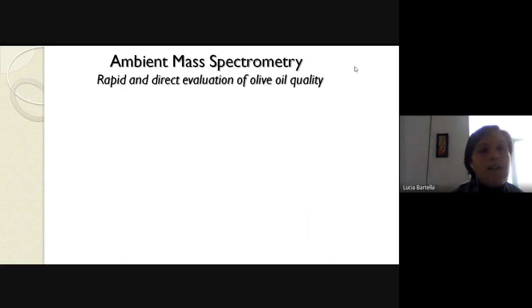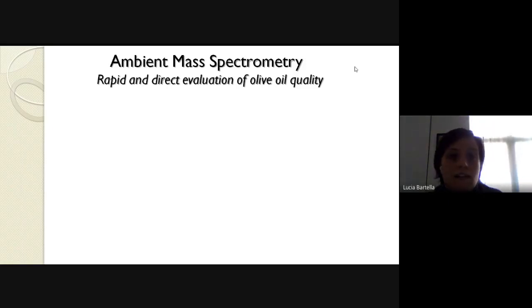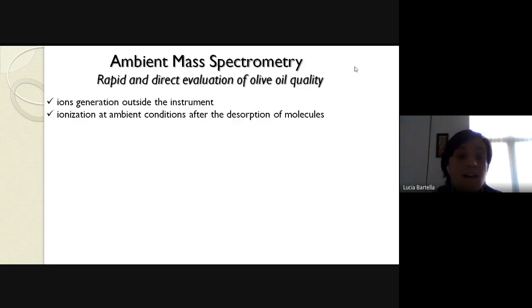Mass spectrometry has rapidly evolved during the past decades, especially with the development of a new class of ionization methodologies, ambient mass spectrometry. These techniques allow rapid and direct analysis of a wide range of sample matrices. The ions are generated outside the instrument at ambient conditions after the desorption of molecules from the condensed phase.